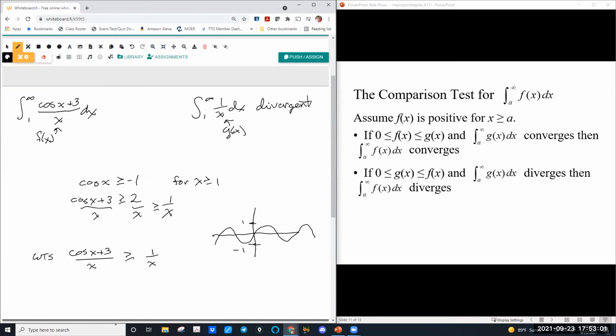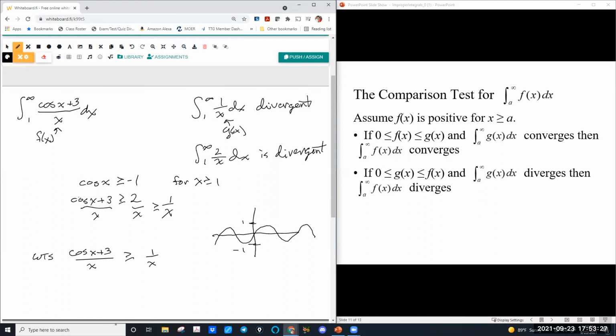The other thing, though, is multiplying an integral by a number does not change whether it's convergent or divergent. So if the integral from 1 to infinity of 1 over x dx is divergent, then any number times it, like 2 over x, because that's just double this, is divergent.